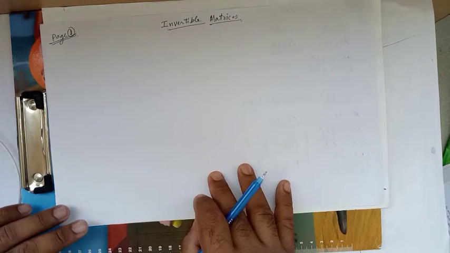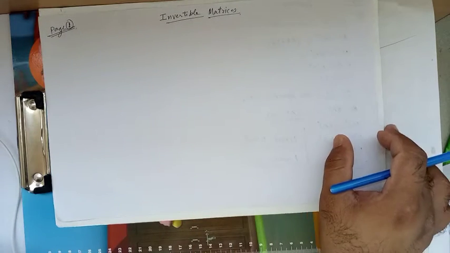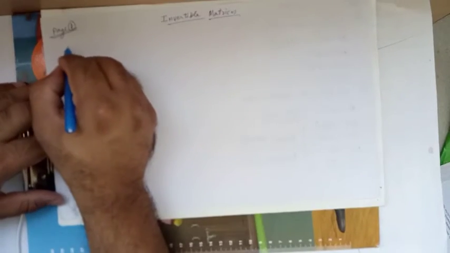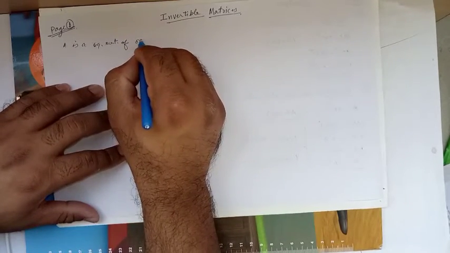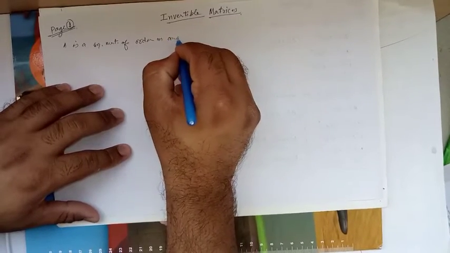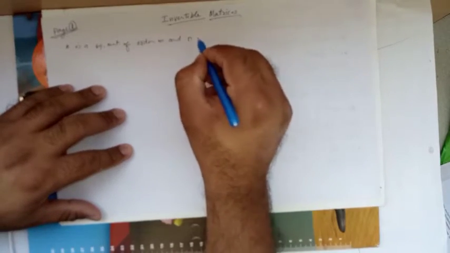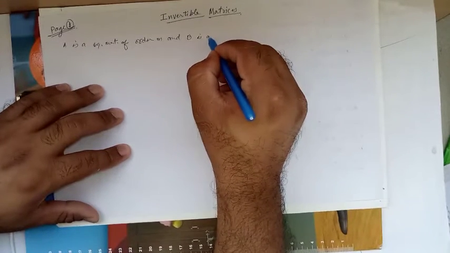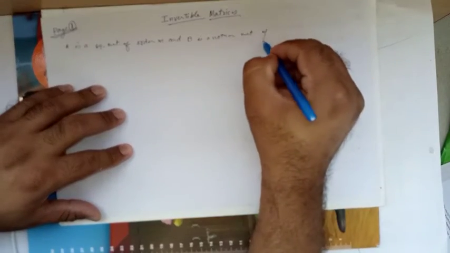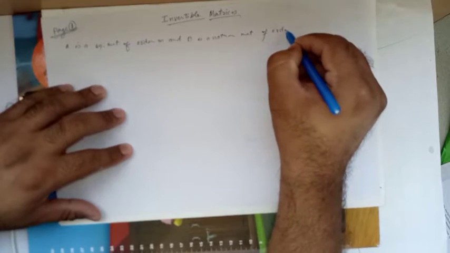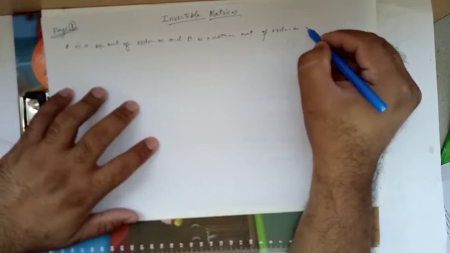So what are invertible matrices? We will see that also. First of all, let us consider two matrices: let A be a square matrix of order m, and let us consider another matrix B of the same order, that is order m, if it exists.